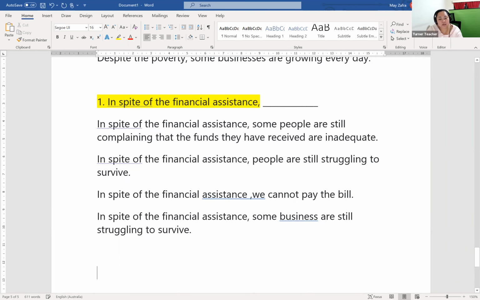Okay, let's do our number 2 sentence. In spite of the high unemployment rate. Okay, finish this up. Despite the poverty, people can't live.